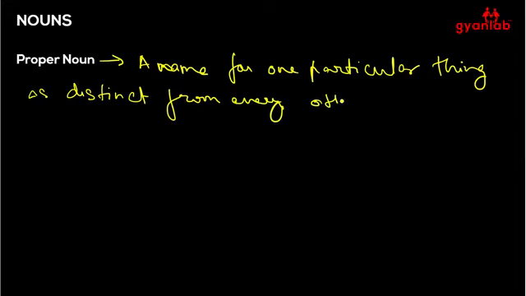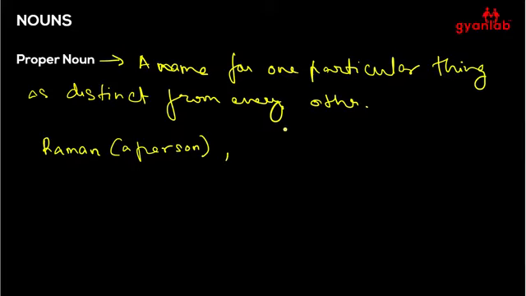To understand this, let's take a few examples. We have Raman here. Raman is the name of a person, right? It's a specific person, and Raman cannot be the name of every person. It's the name of a specific person or one particular thing which is distinct from every other.